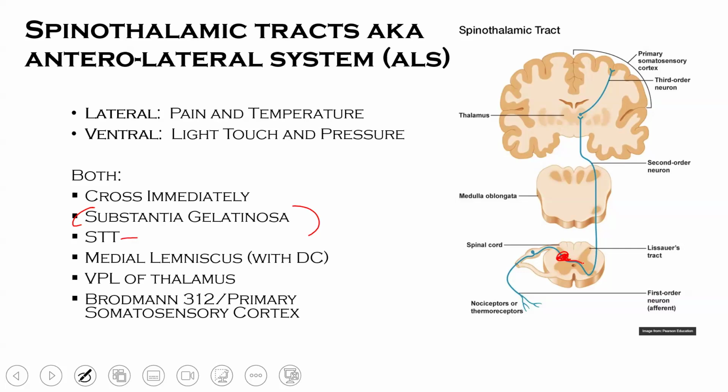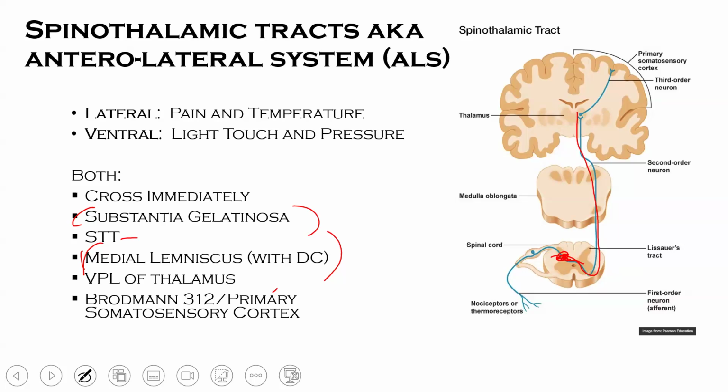After it crosses over, we're going to look at this area here from the spinothalamic tract to the medial lemniscus, that blue ribbon that we looked at before.